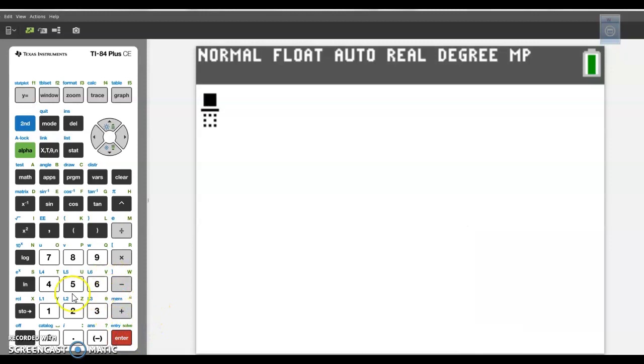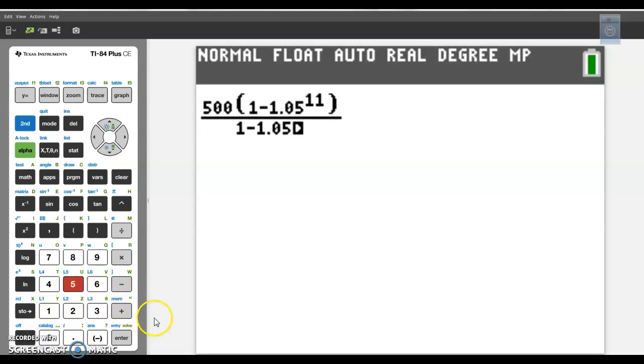So it would be 500 parenthesis, 1 minus 1.05 raised to the 11th, and then close your parentheses, and then divided by 1 minus 1.05.